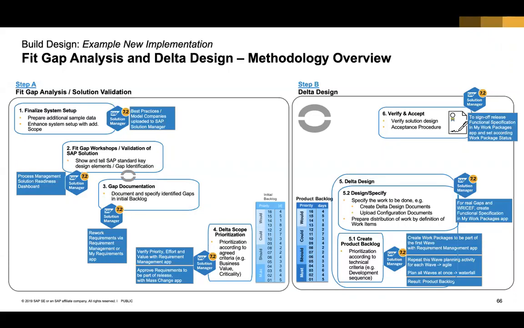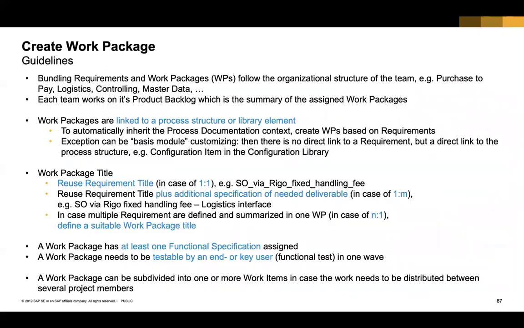Are these requirements too big? Then maybe I need multiple work packages. Are they rather small? Then maybe I can put multiple requirements into one work package. So you first prioritize your backlog, then realize the requirements using work packages, and then assign them to waves and sprints. That's the activity you will have to do in the delta design part of Activate.